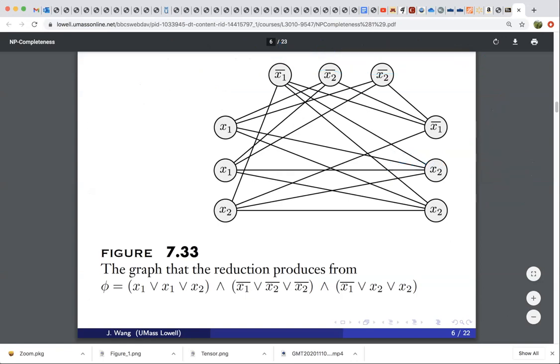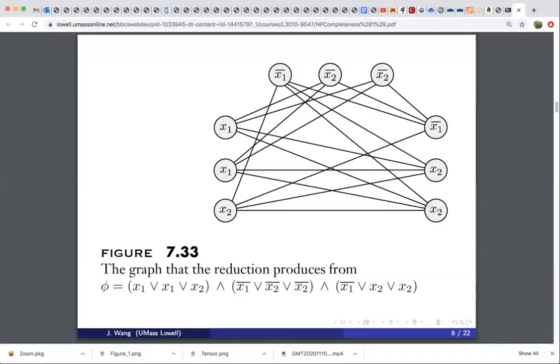Let's say in this case, x1 is true, then we're going to set this. Now, if each clause is satisfiable, at least one literal has to be set true. You may have more than one, but there must be at least one. So we just pick one. If you have two that are set to true, then you simply pick one of those.